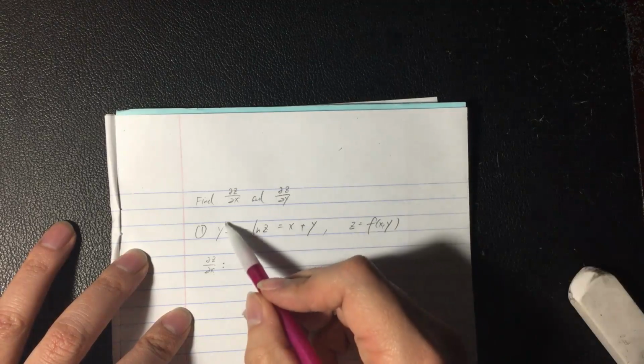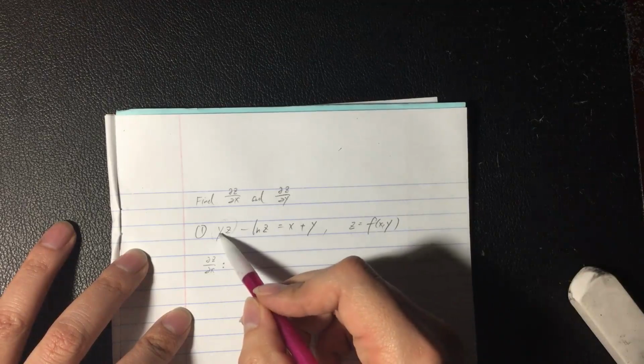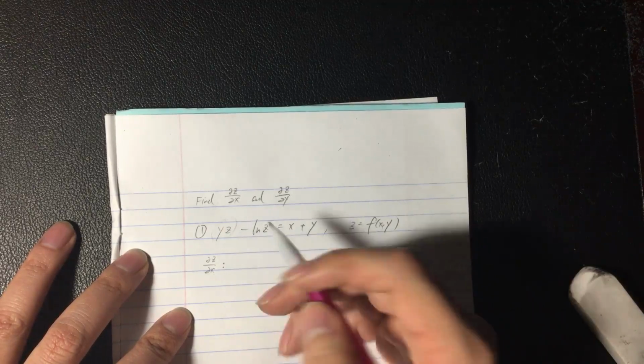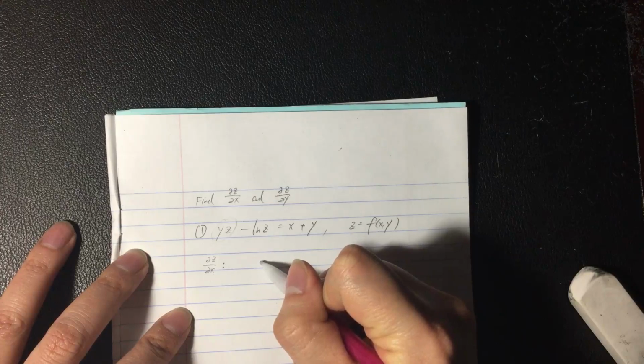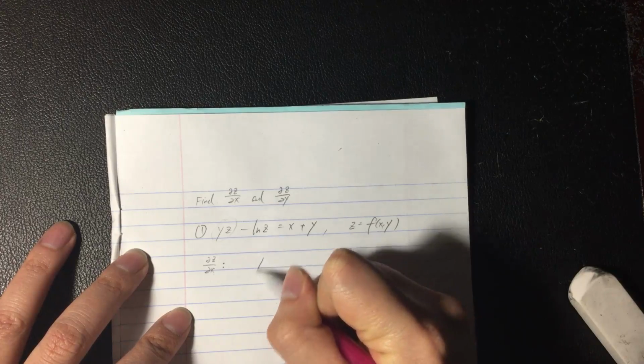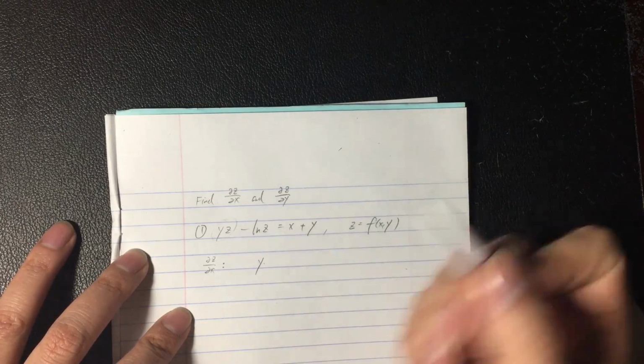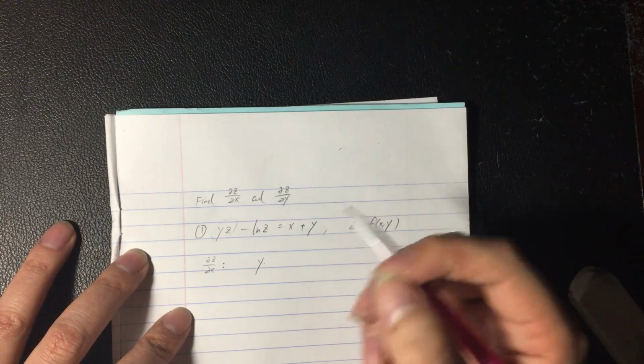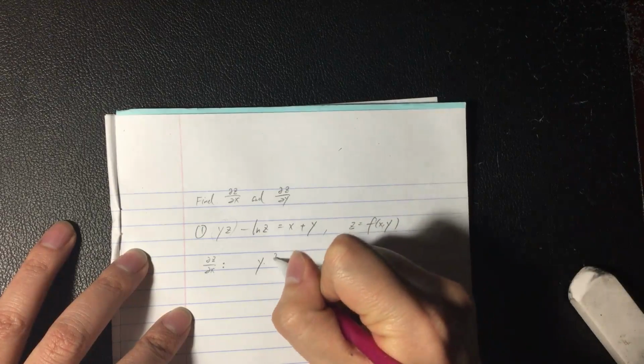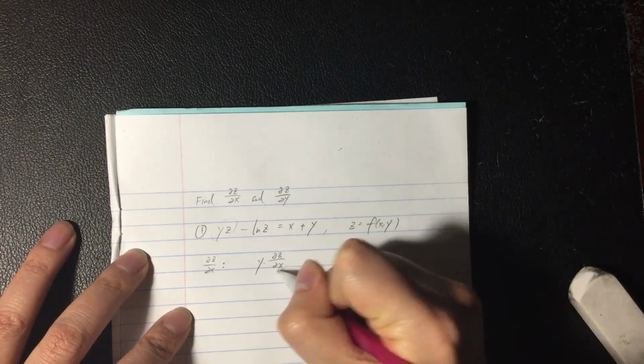So for the first term, we treat y as a constant and take the derivative of z. The derivative of z is 1, so we get y times 1. But every time you take the derivative of a function of z, you multiply by partial z over partial x.